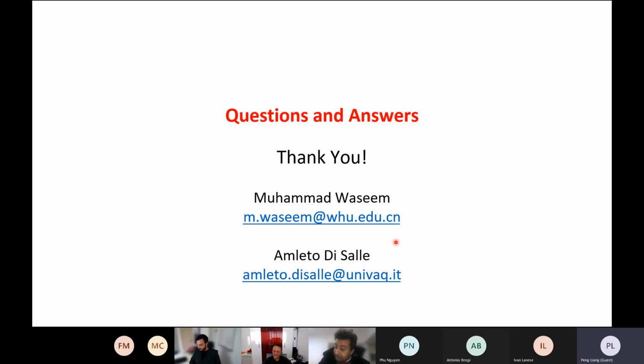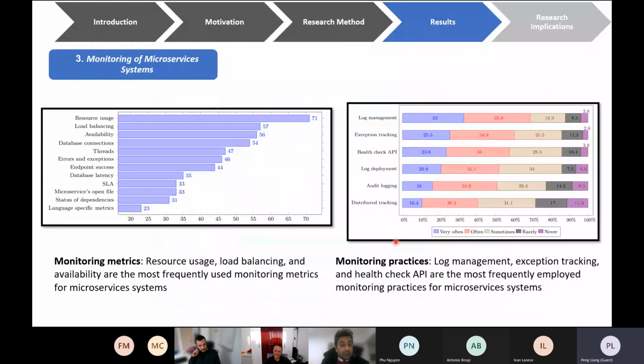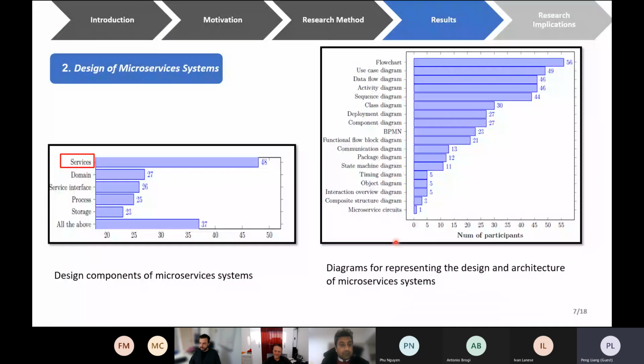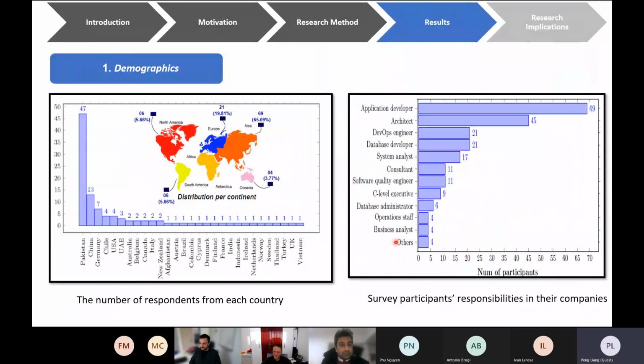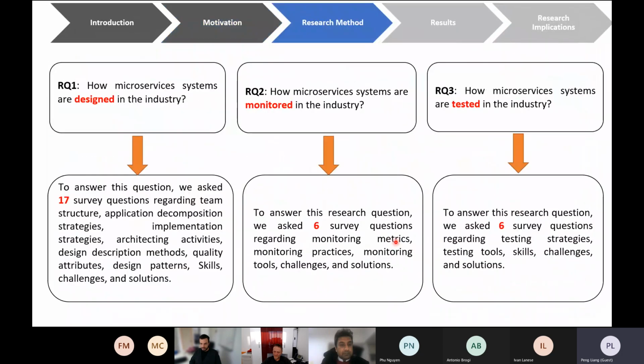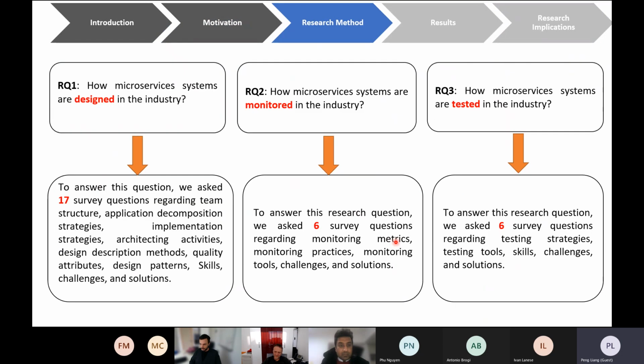Well, I have more than one, but one is on the process and the method that you applied. You showed that most of the practitioners that you were interviewing were not that expert in microservices, right? Because they had been developing microservices for 0 to 2 years.